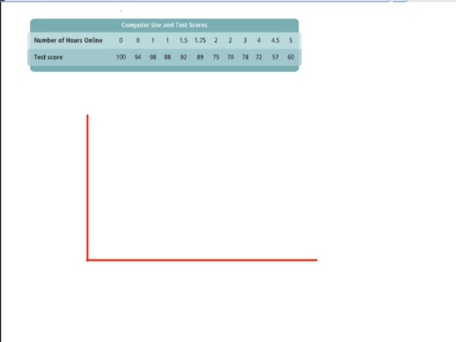So on the bottom here, we'll put hours. This doesn't have to be fancy, guys. This is 5. Okay, let's go 4, 3, 2, and 1. And then we're going to go from 0 to 100. So 100's at the top.